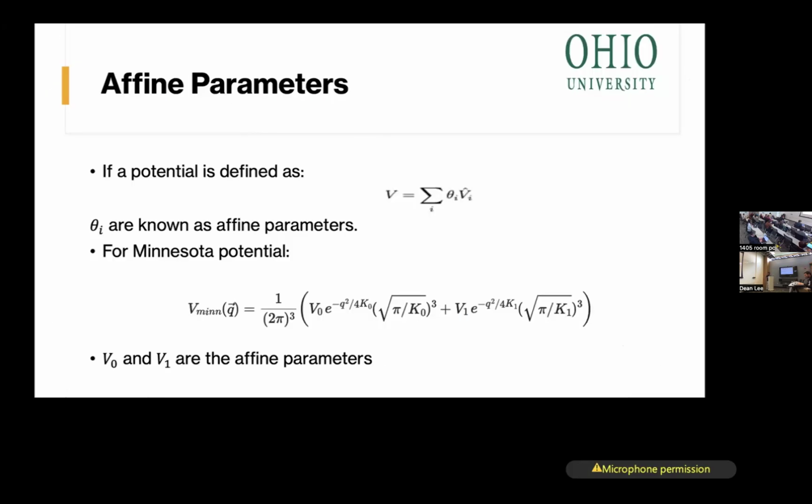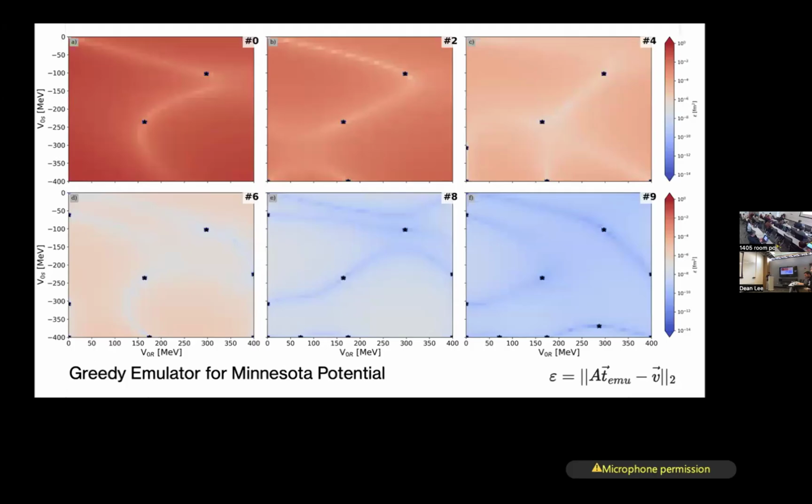So we did the emulation in the Minnesota potential, and here is an illustration of the emulation. You can see this is in two dimensions. These numbers are the number of iterations the greedy algorithm has gone through.